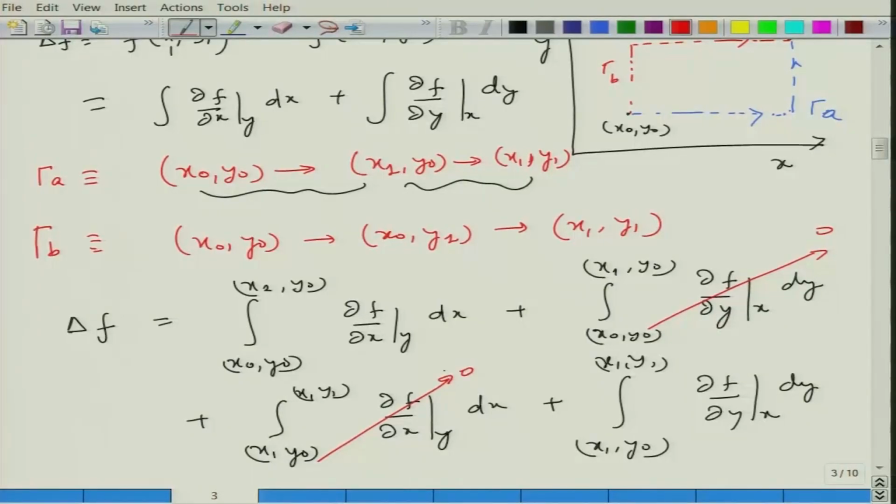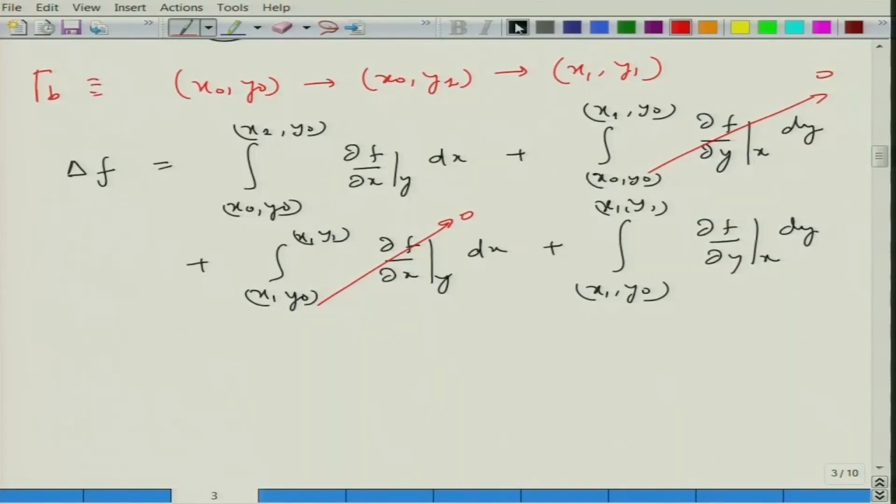Now you have two terms in the expression. So, that is your delta f. And finally, you can ignore this because y is constant. So, you can simply write this term as the integral from x0 to x1 of del f by del x at constant y.